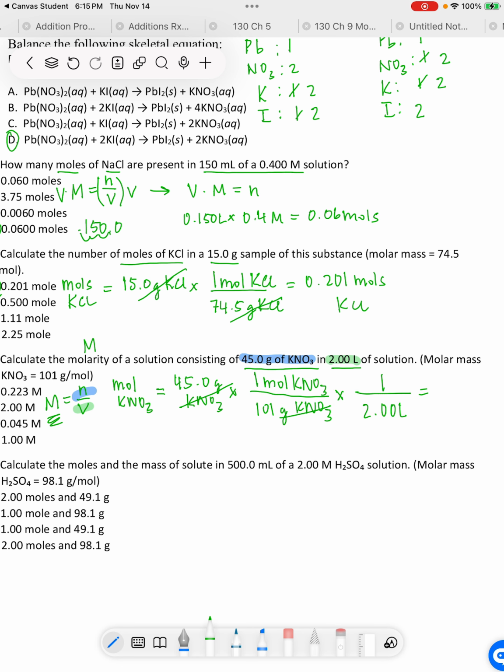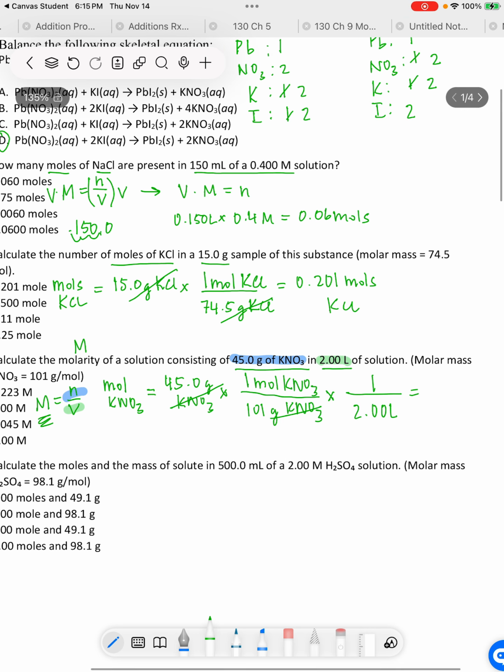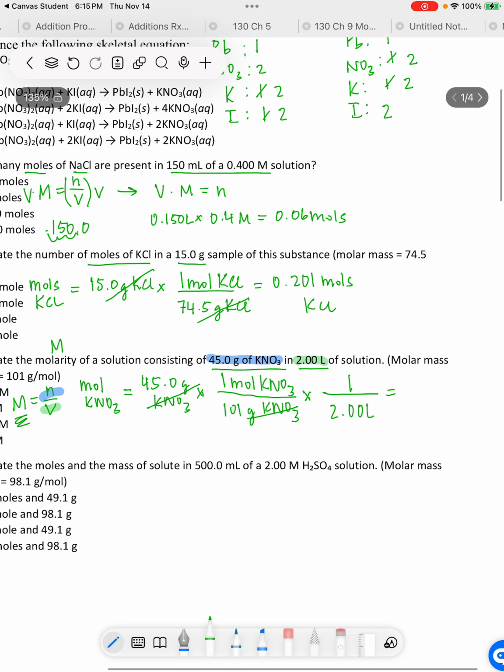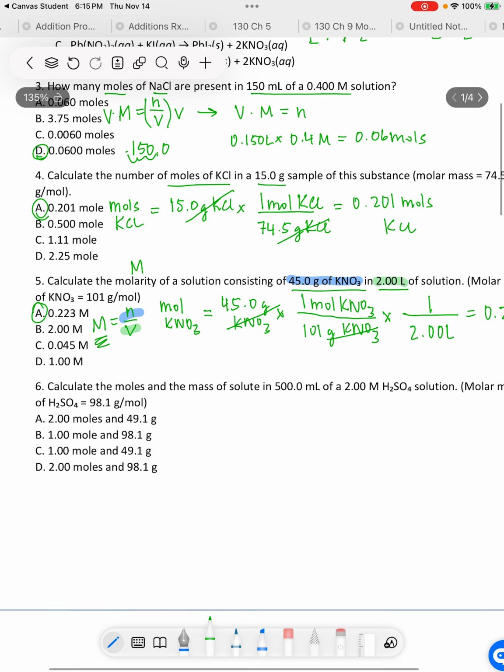Okay, let's see if my calculator works now. So now if we multiply across, we have 45 divided by 101 times 2, and we get 0.223 molarity. And that's A.